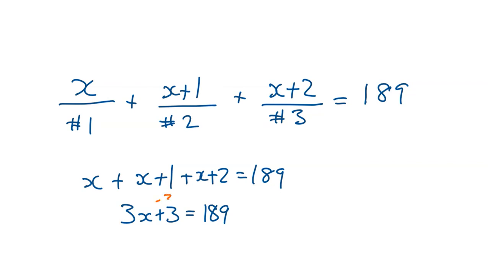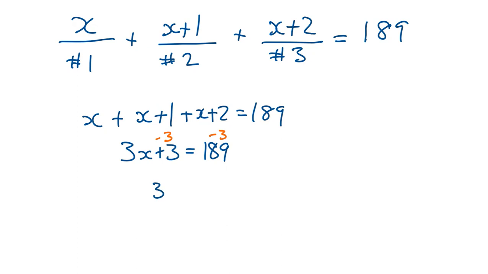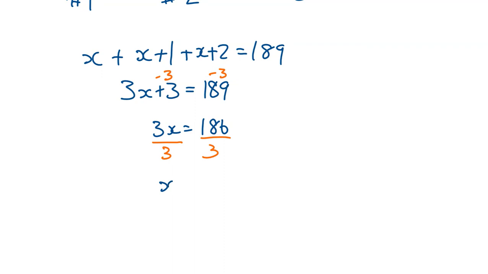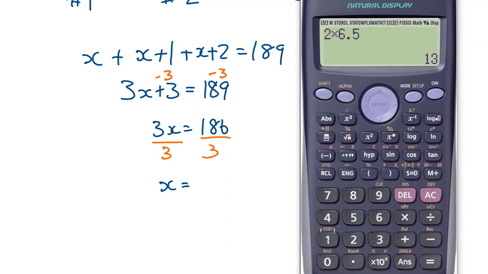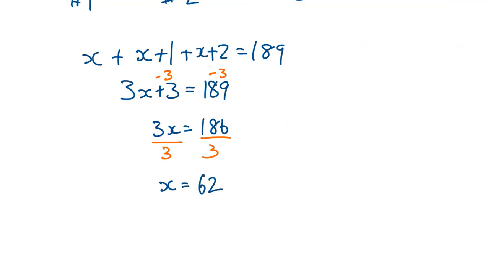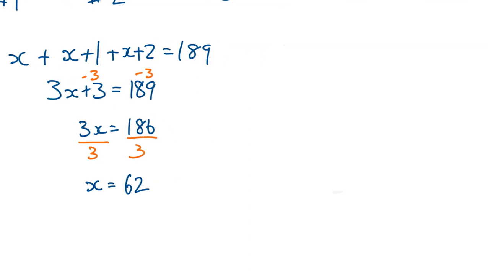Subtract 3 from both sides. And then divide by 3. So what does that mean? The first number is 62. The next one's going to be, and then, very good.